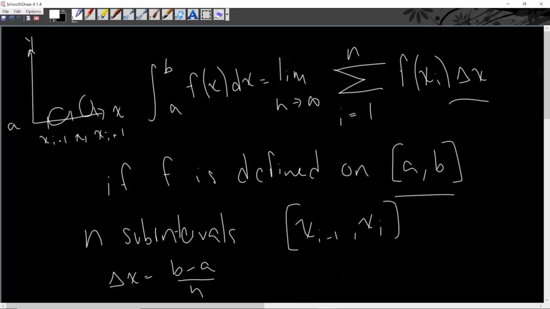So this is going to be our definite integral. This is what we are technically calculating every time we do the integral, and this is essentially area under the curve.